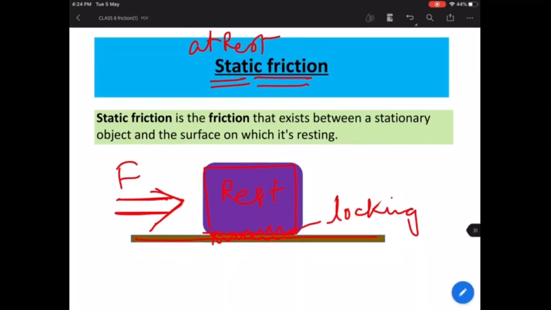Look at this definition. Static friction is a friction that exists between a stationary body and the surface on which it is resting. It exists between this box and the ground. Whenever an object is stationary, the friction between them is static friction.